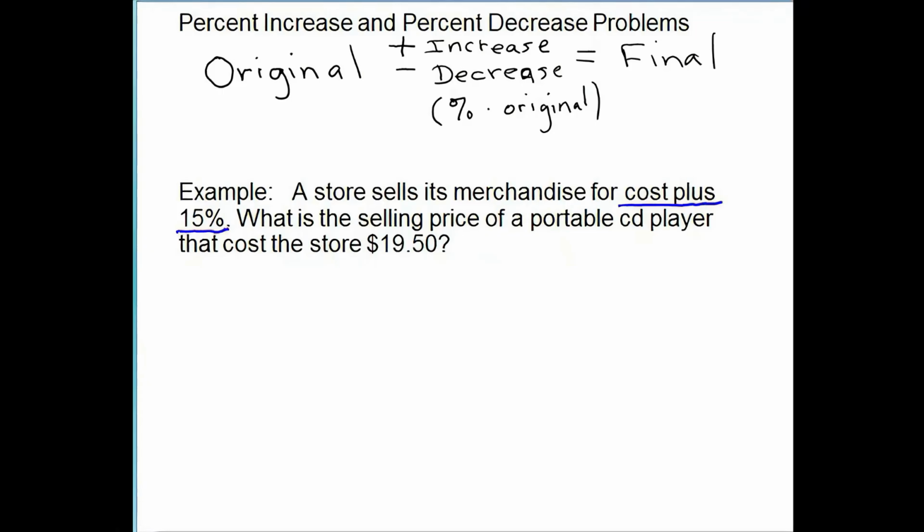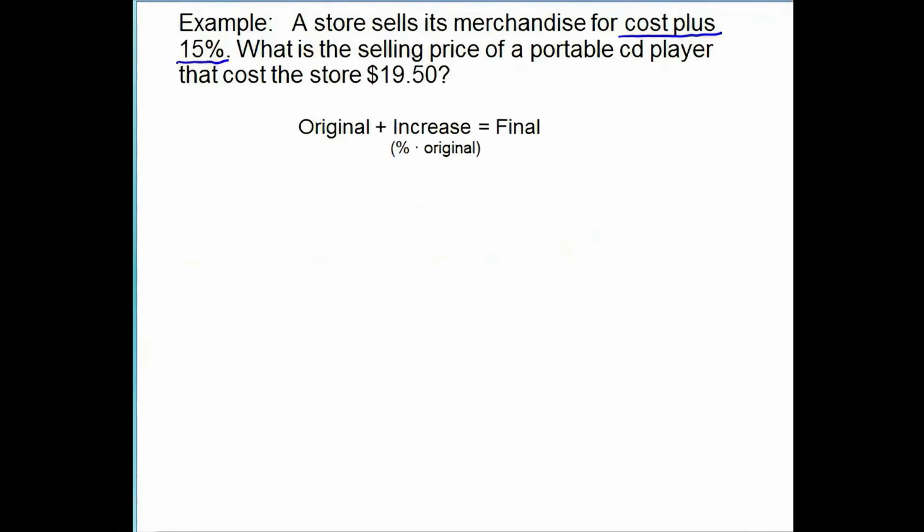So is this going to be an increase or a decrease problem? It will be an increase problem because they have a cost, that's their original, and they're going to add an increase or a profit on there. So for our formula, we will use addition. The original plus the increase will equal the final.